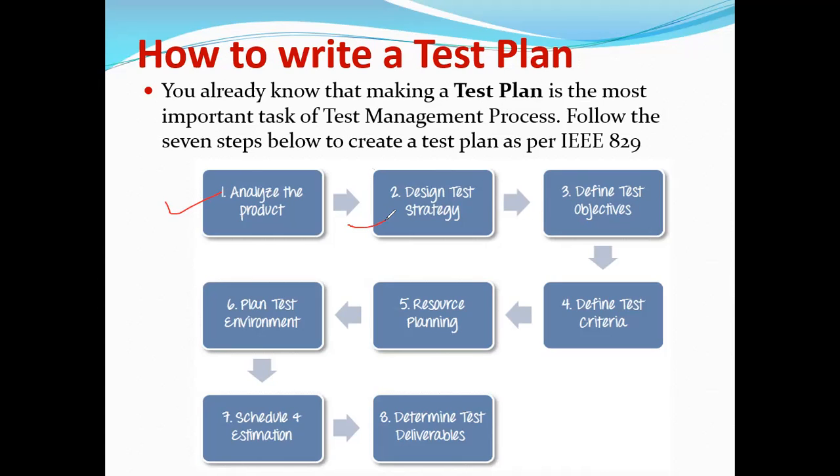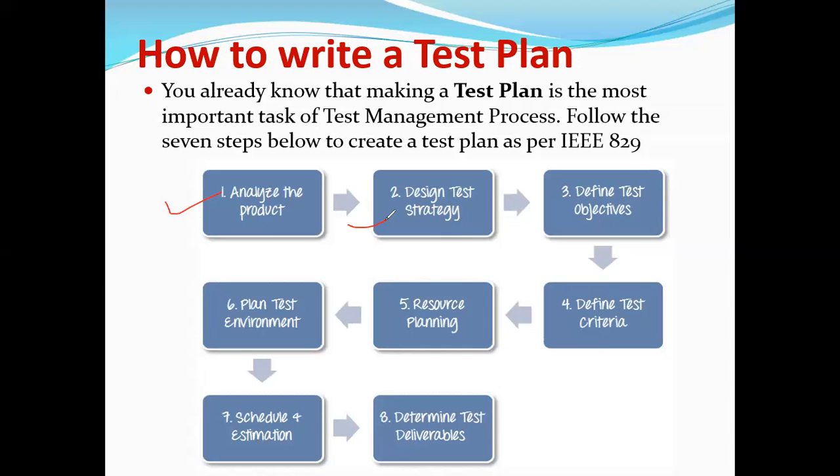Then second is design test strategy. So just now we have discussed about it. So test strategy, that means you have to discuss how you are going to test that particular software. So like again, if you are having 10 modules, in that 10 modules you are going to split your team.